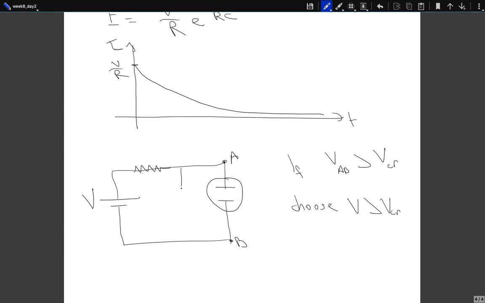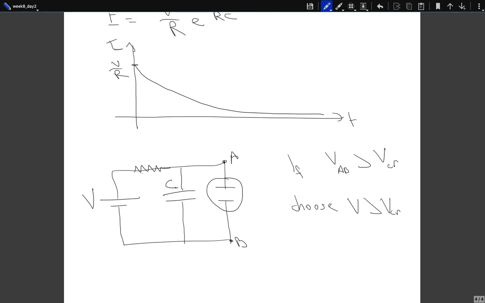Now let's imagine we put a capacitor over here with a capacitance C. Initially, the capacitor is not charged. So what is the potential difference between these 2 points? 0.